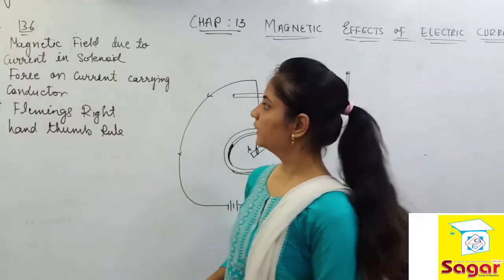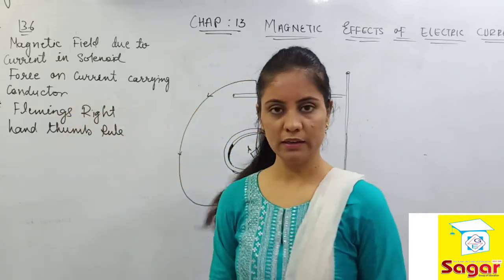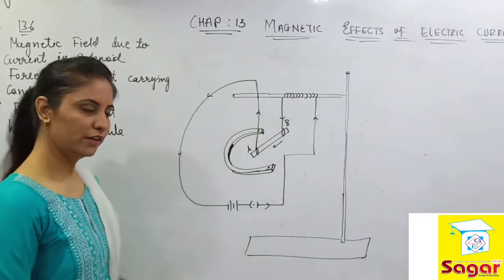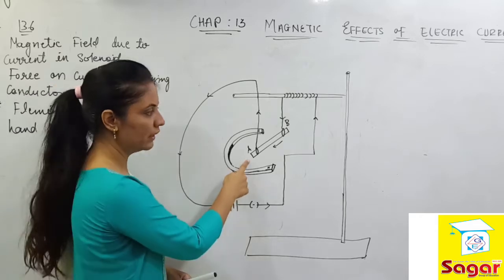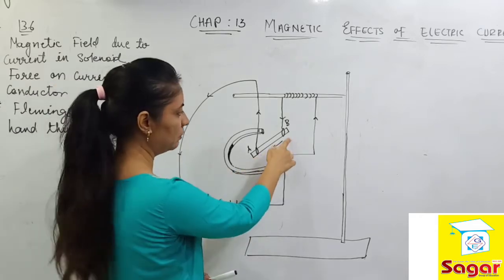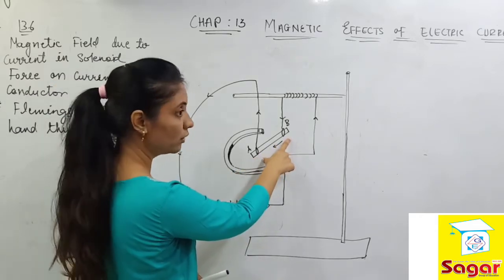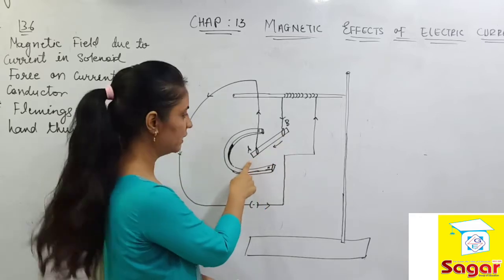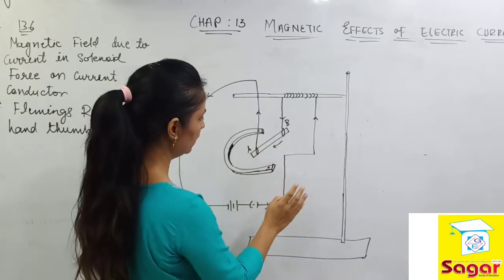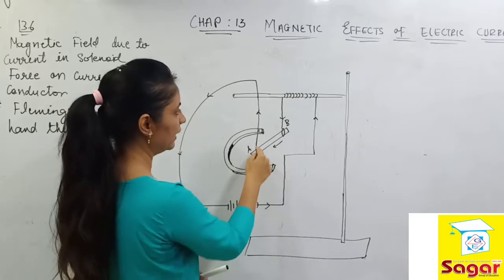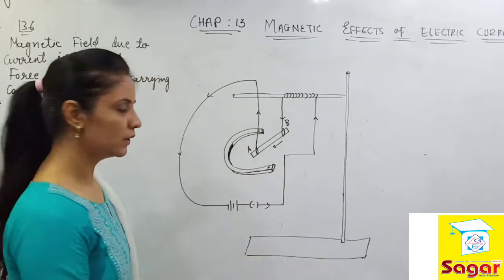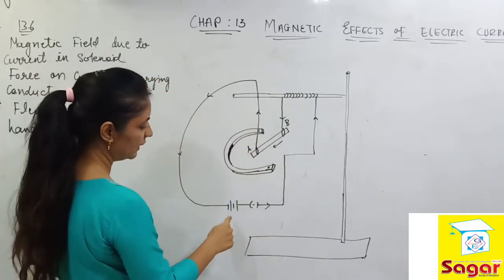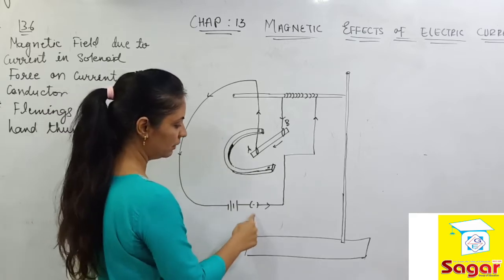Okay, so my next topic is force on a current carrying conductor. Here something different has been used, everyone. An aluminium rod has been taken. The rod is AB, and A and B are its two end points. One end point is connected with insulated copper wire, which is connected in series with the battery and plug key.